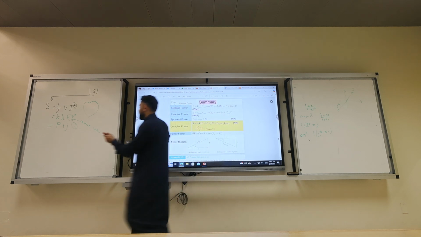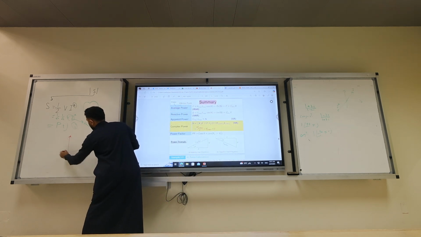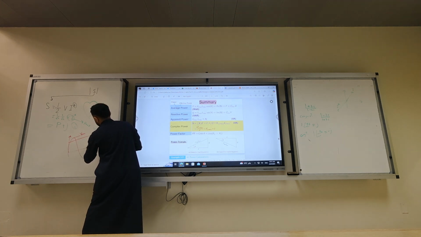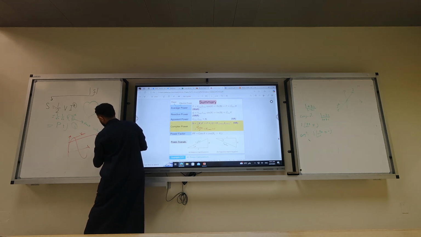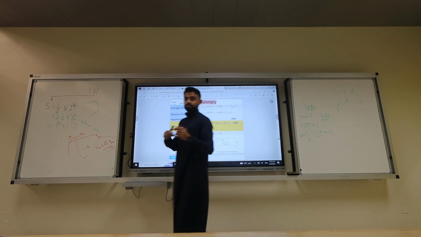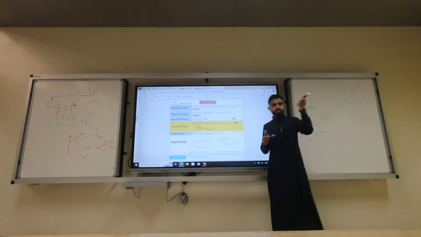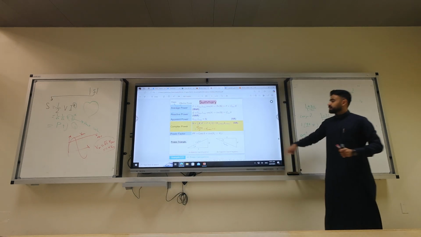Remember, if you have a sinusoid, this is Vm, the constant value is VRMS, and Vm equals square root of 2 times VRMS, or 1.4 VRMS. Get it? Very important.